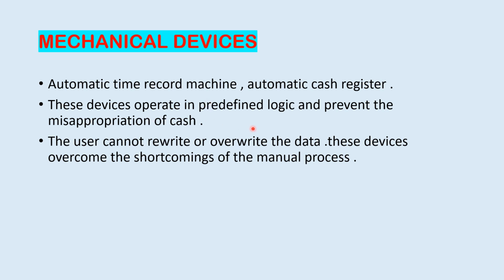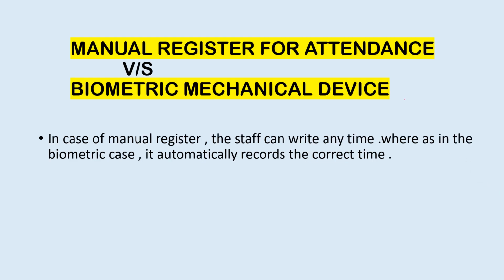These devices operate on a predefined logic and prevent the misappropriation of cash. There will be no misuse. The user cannot rewrite or overwrite the data. The devices overcome the shortcomings of the manual process. So what I'm trying to say is that if we use these devices, automatic internal check will take place in your organization, which will be very beneficial.